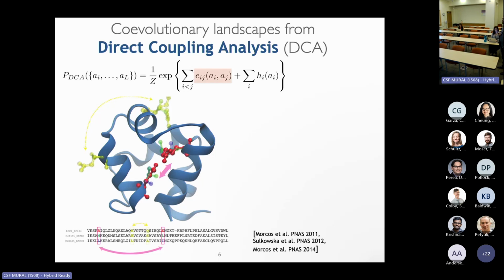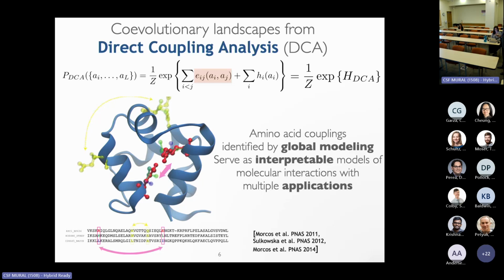The other important thing about this kind of modeling approach is that we can also see the collection of parameters, what we call the Hamiltonian, here called H_DCA, as a sort of fitness parameter, a fitness energy or statistical energy that tells us something about this particular protein, right? And then I'm going to show you some ramifications of this idea. But the key aspect here was that this modeling approach is a global modeling approach.